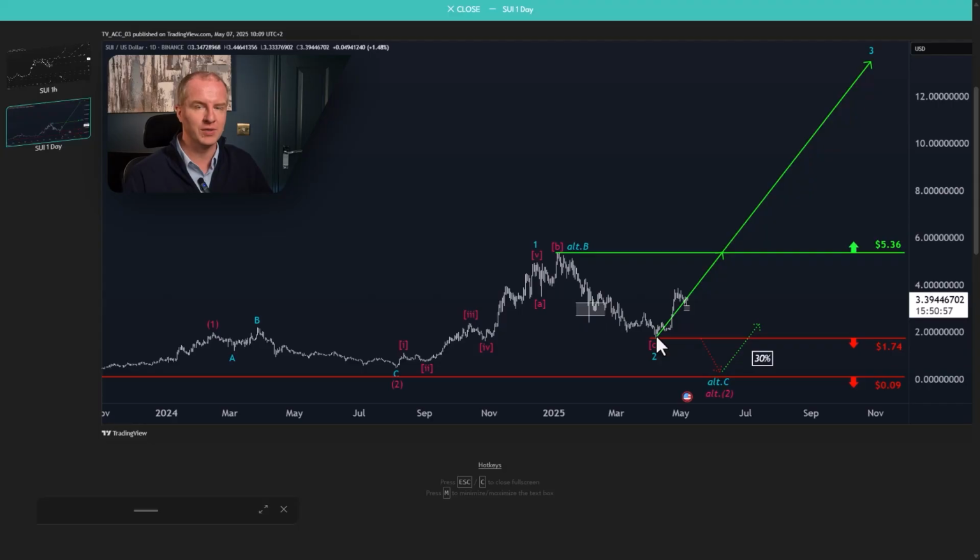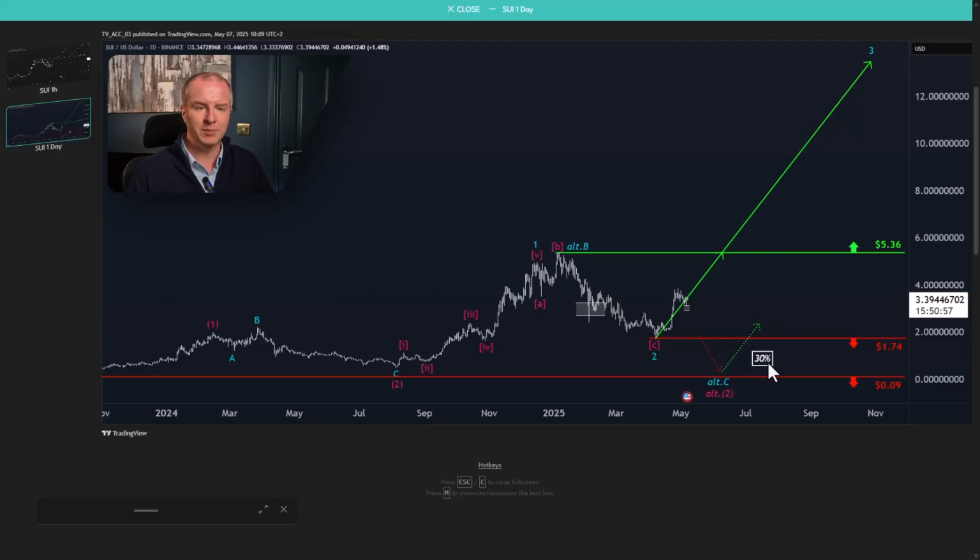I mean, for Bitcoin also, the idea is that at least a local low is in place. And SUI is one of the more promising charts that has been moving up in impulsive structures. Other charts haven't done that to that degree, but SUI has moved up in impulsive structures. So as long as the market now holds above $1.74, the move up should continue.